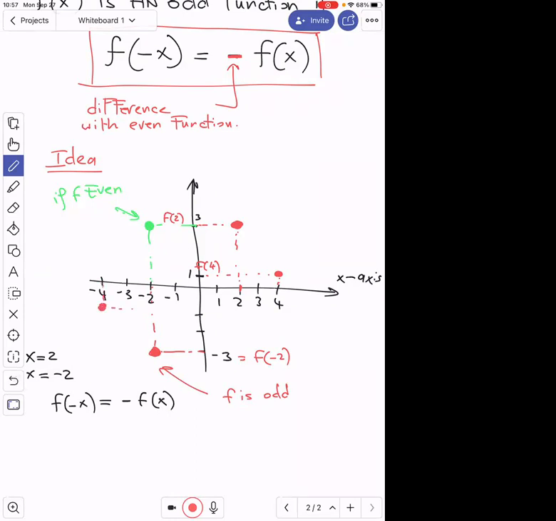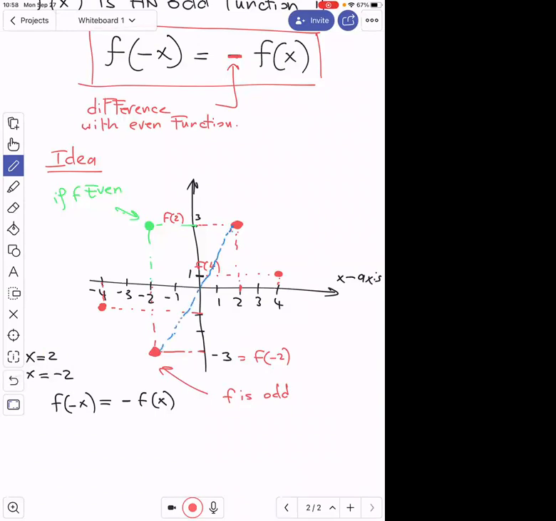As you can see, in this case the points are going to be symmetric about the origin. For example, you see these two points, because they are opposite, they are symmetric about the origin.